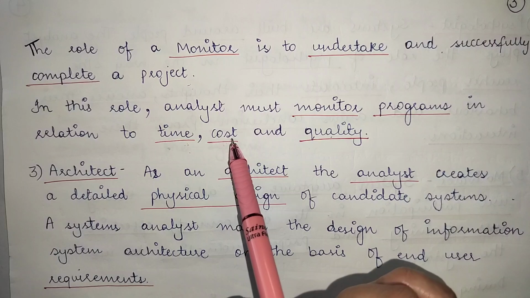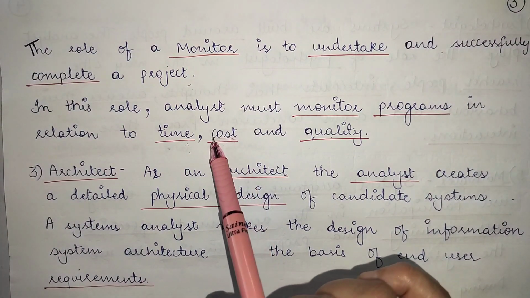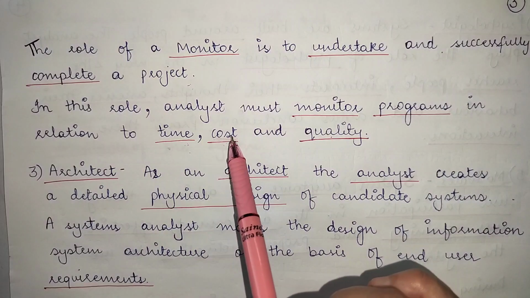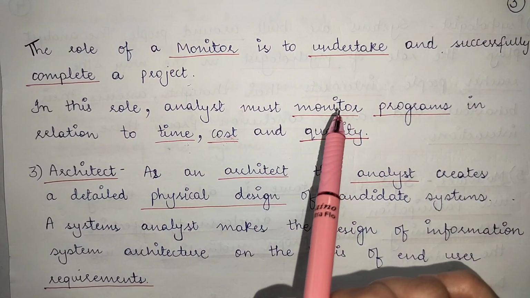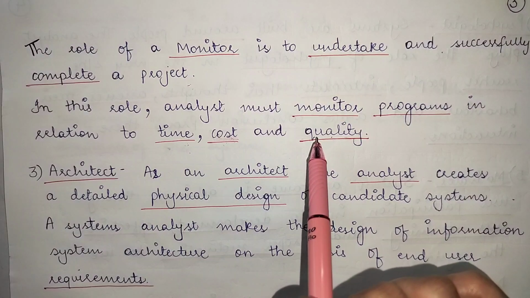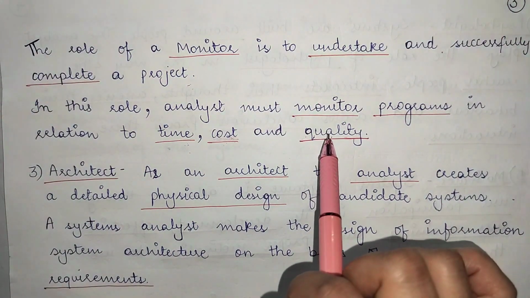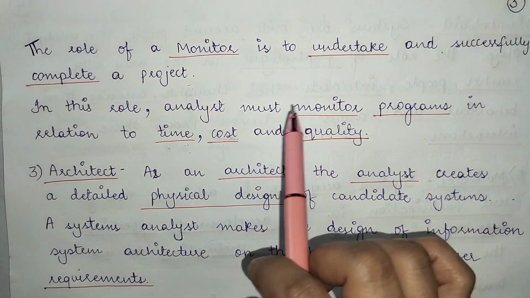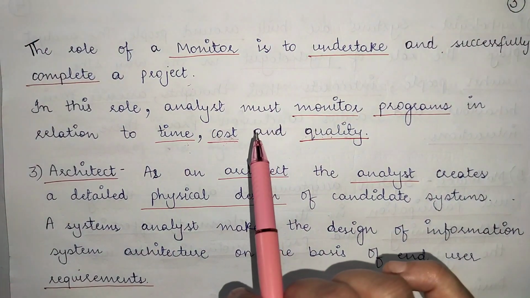Then the project must be completed within the estimated budget or cost. And of course, it should meet the quality standards that were intended for it. It must not go below the quality standards.